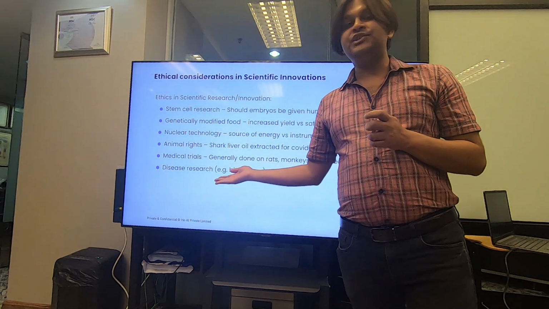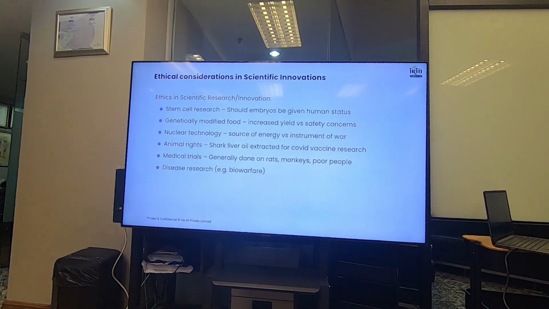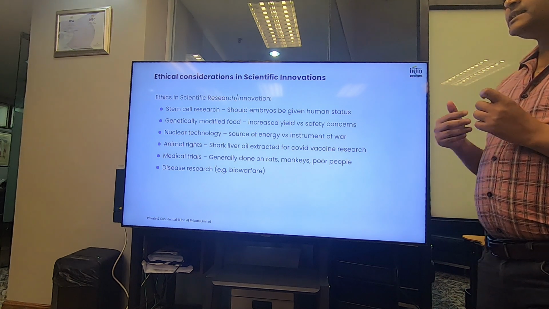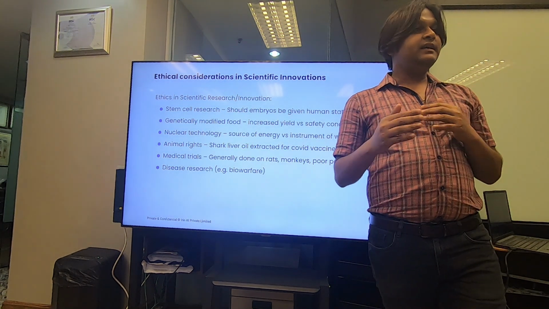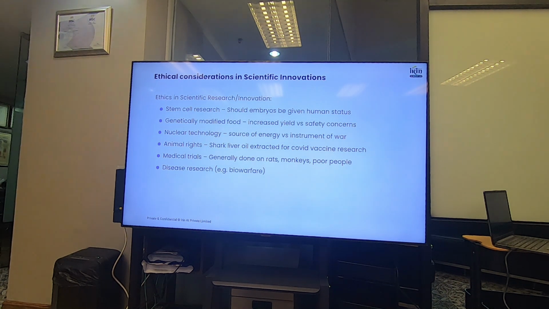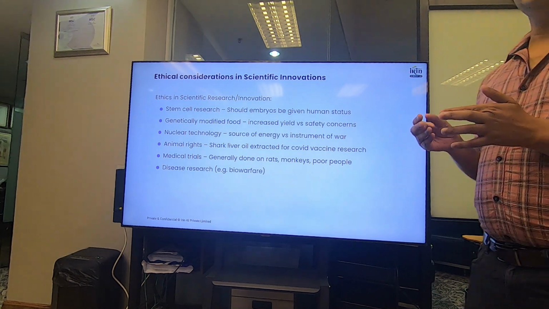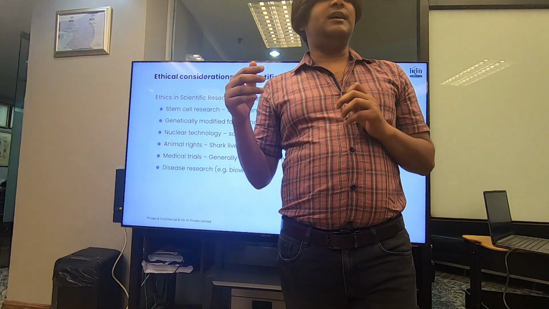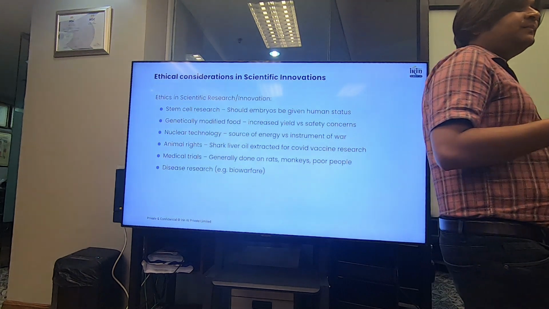Lastly, disease research. Many times, so that we don't get a disease in future, research is being conducted in present time, on microorganisms. Fine, but sometimes the microorganisms can escape, and that can lead to viral effects in the world.